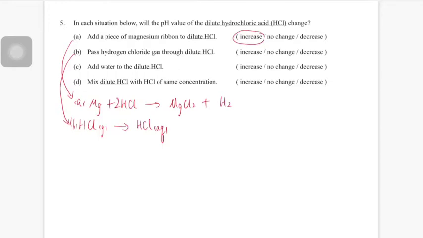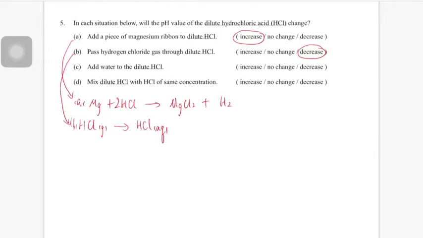Okay, so that means after we pass hydrogen chloride gas into the solution, there will be more hydrogen ions present in the solution. Okay, more hydrogen ions, more acidic, hence the pH value should decrease.